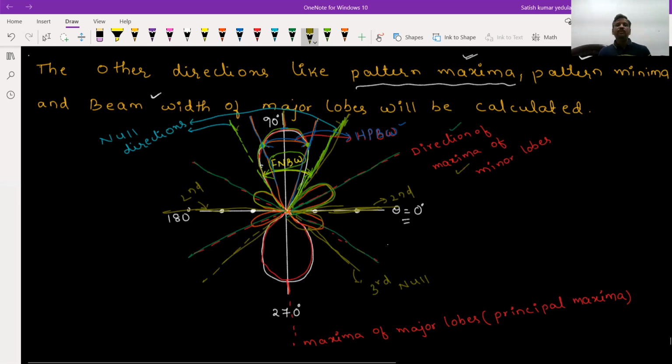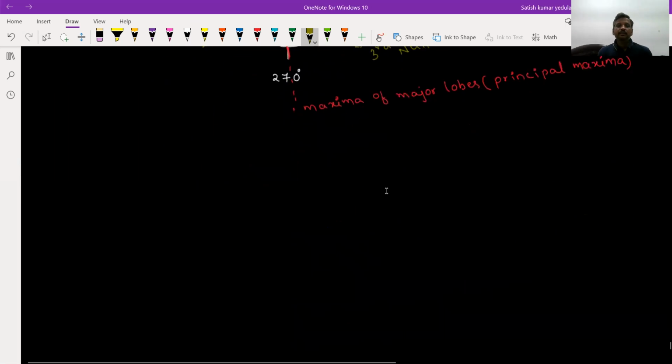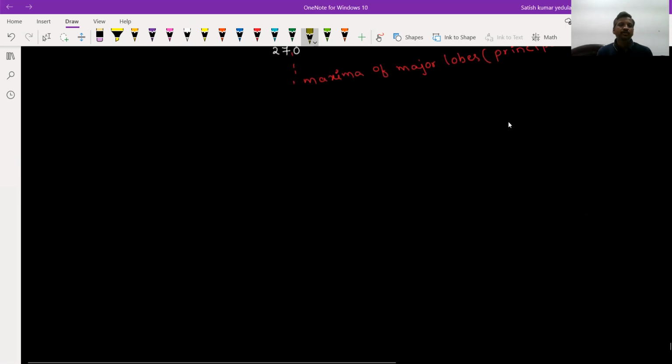Now we'll be moving to the second angle that we are going to find out. You need not draw that particular diagram, you can directly go ahead. The second one which we have to find out is the direction of pattern maxima.